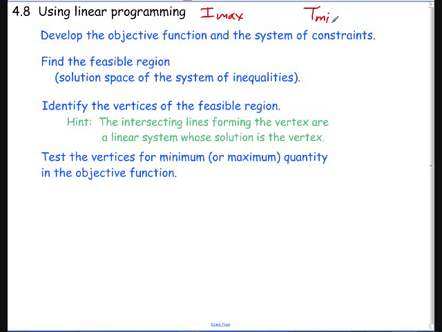Whatever it is we are interested in, we're going to have an equation. When we say objective function, that's an equation. And that's where we're going to test our vertices.